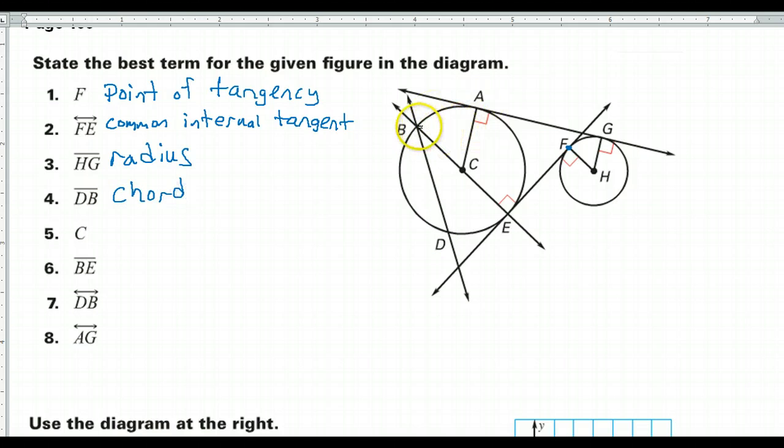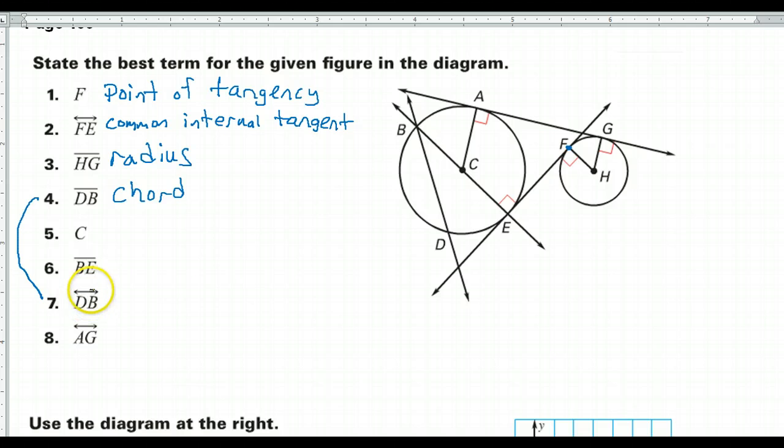Okay, now notice because of the symbol over the top of the DB, that's what tells me that this is a chord. This little symbol over the top of the DB is a segment. If this had been, well, look at the difference between number 4 and number 7. They both have DB, but this has a segment symbol over it.